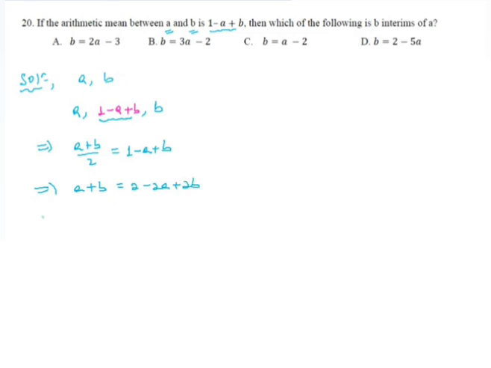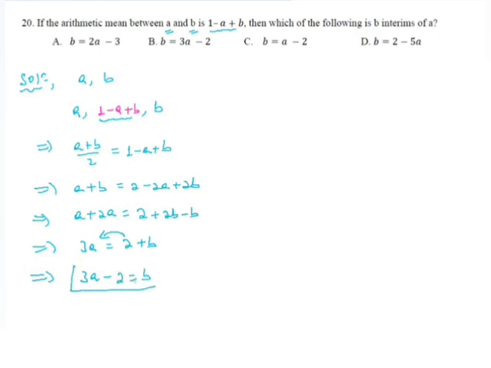You can use crisscross. Now let's collect like terms. A plus 2A equals 2B minus B. This implies 3A equals 2 plus B. So taking this 2 to the left, it becomes 3A minus 2 equals B. So B in terms of A can be expressed as 3A minus 2. Okay, so our answer will be B.